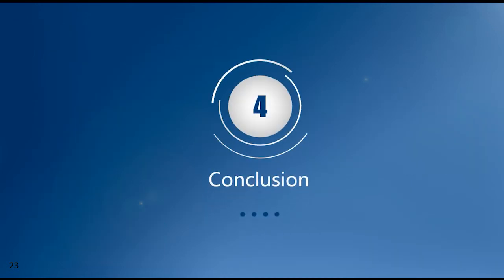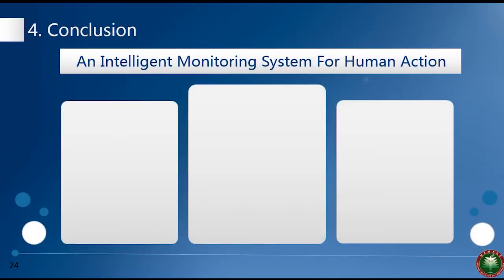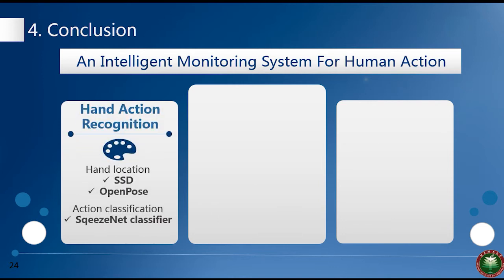The last is conclusion. The intelligent monitoring system for human action we designed can complete 3 functions. The first uses SSD and OpenPose to locate the hand, and uses SqueezeNet to recognize the hand behavior.